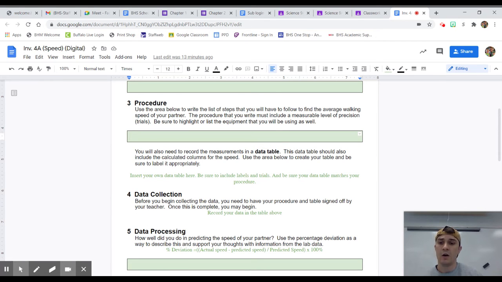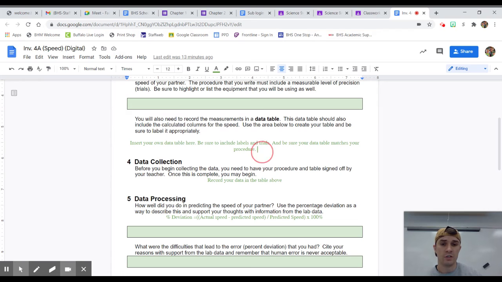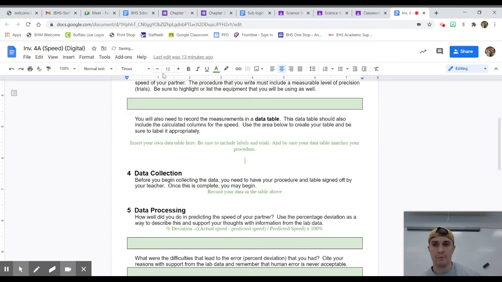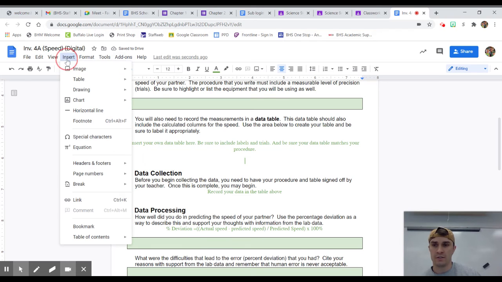Now, when it comes to recording that data, you'll see it says insert your own data table here. So that means that you've got to insert a data table, and that data table needs to work with your procedure. I would just show you here, I hit an enter, and I'm going to insert a table, and it has to depend on my procedure.